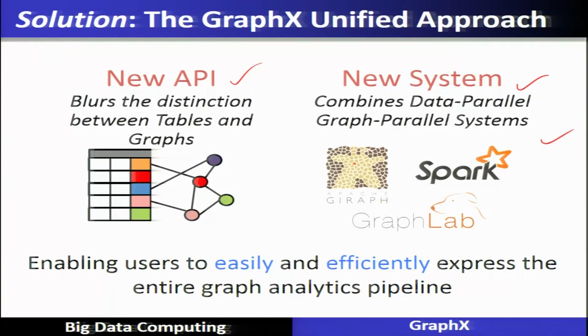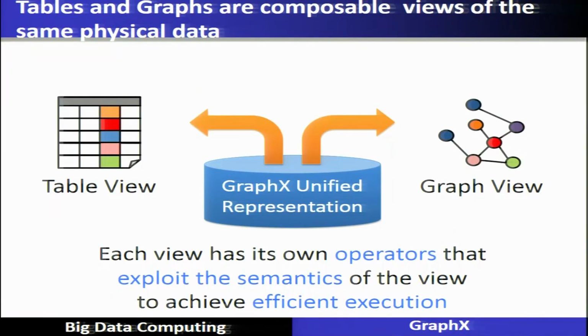This will enable users to easily and efficiently express the entire graph analytics pipeline that we are going to see. So the graphs and the tables are composable views of the same physical data, and GraphX will provide a unified representation.